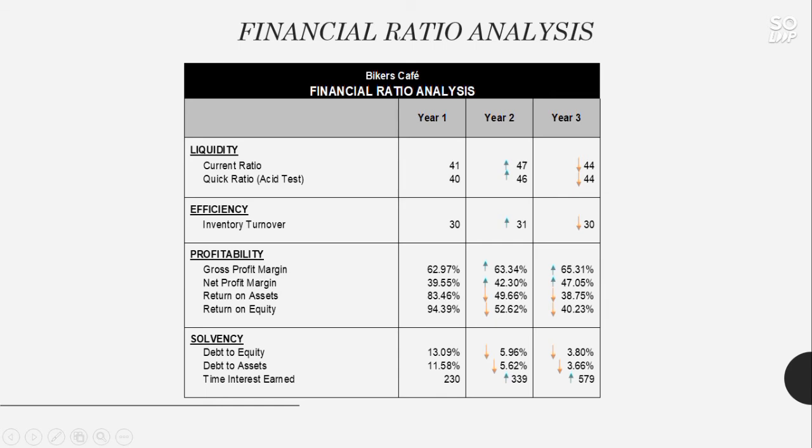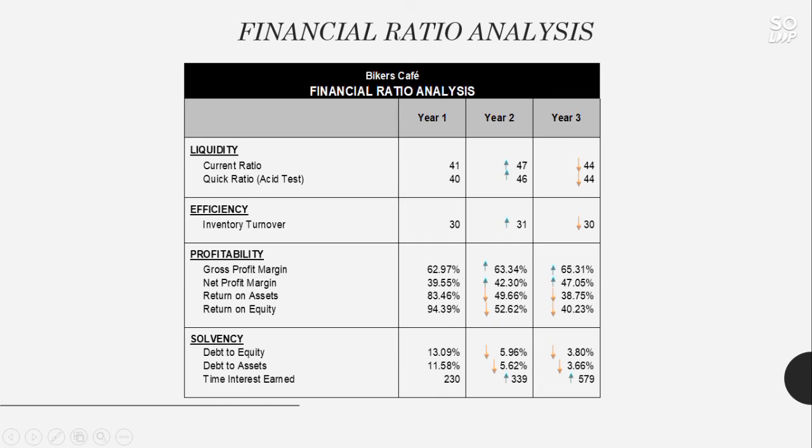For profitability, our gross profit margin is at 62.97% at year 1, and it's going to increase to 63.34% at year 2, and it's going to increase to 65.31% at year 3.